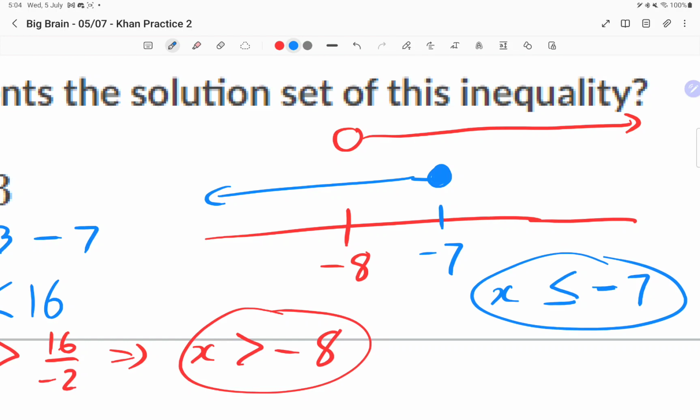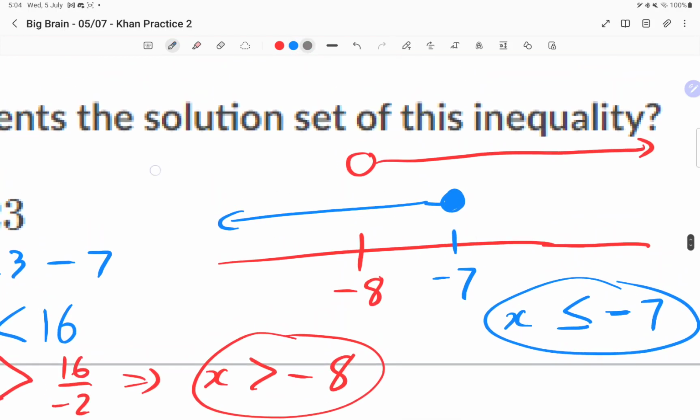How do you think I would represent something like x is equal to negative 6? Let's say negative 6 is here. How would I represent that when it's equal to? What's your guess? Any guess? Hannah? Hollow dot. Hollow dot, that's negative 6.